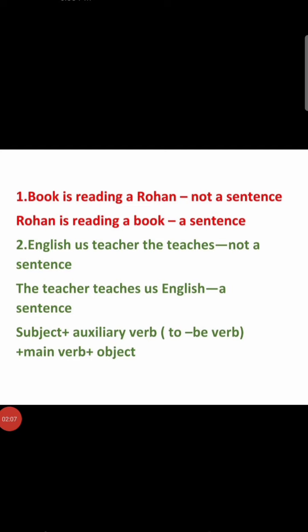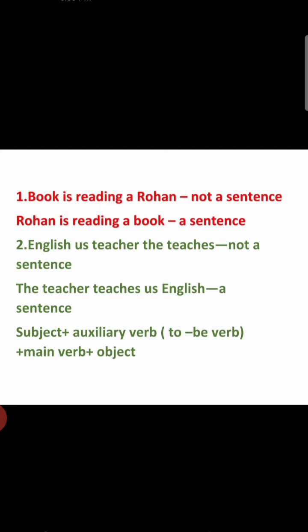Students, you already know that a sentence is a set of words with an exact meaning. A sentence consists of a subject and a verb.